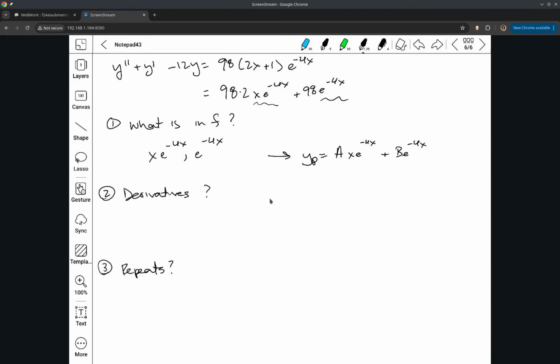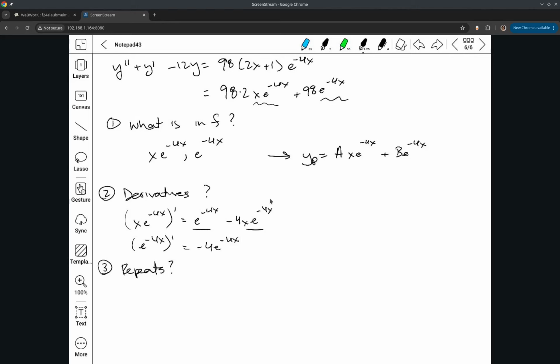Then I got to check for derivatives. So x e to minus 4x derivative prime is like e to minus 4x minus 4x e to minus 4x. So it's e and x times e. And e to minus 4x prime just gives you minus 4 e to minus 4x.